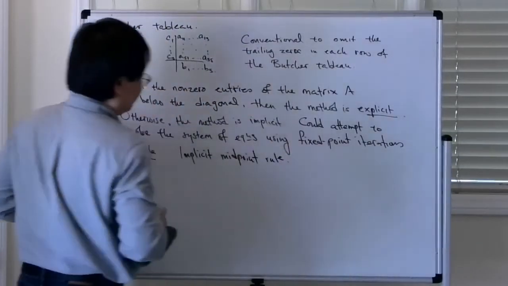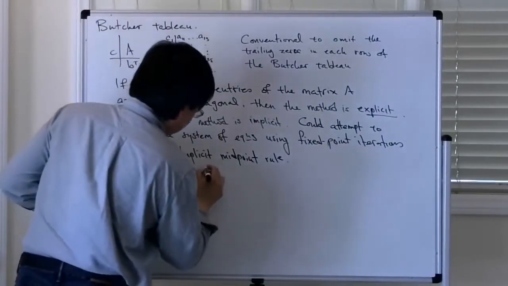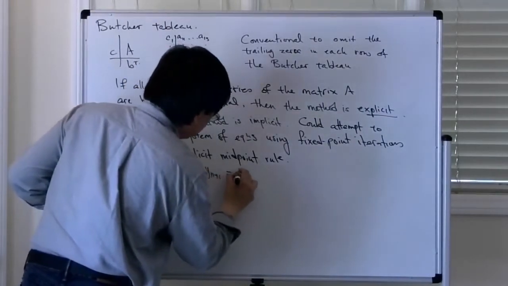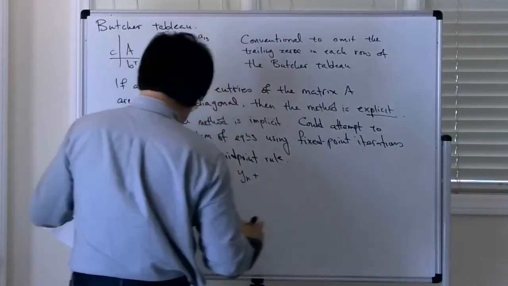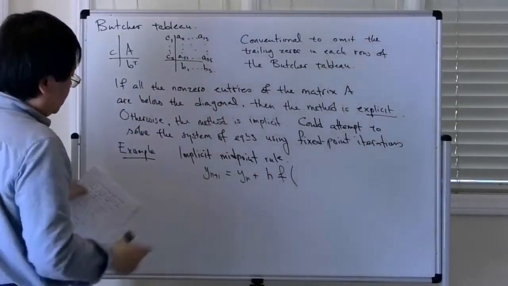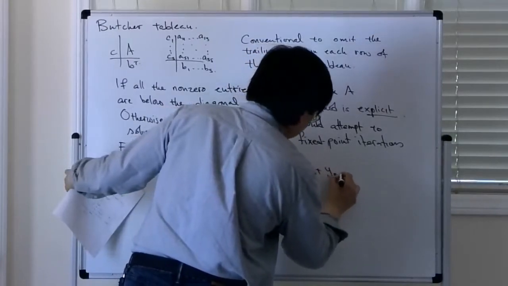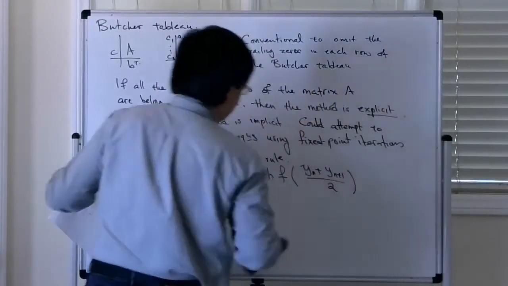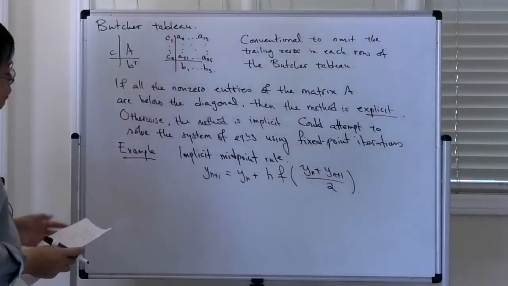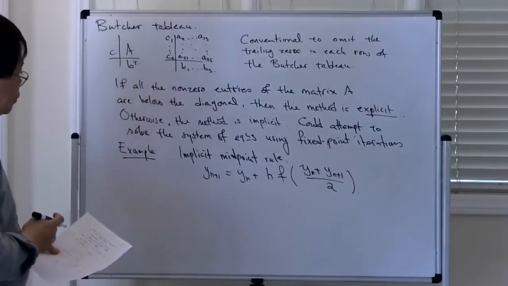You can think of it as arising when you apply the midpoint quadrature formula to the fundamental theorem of calculus. It has the form y_{n+1} = y_n + h f evaluated at the midpoint of the previous and the current solution, so y_{n+1/2}. That's not immediately of the form of a Runge-Kutta method.